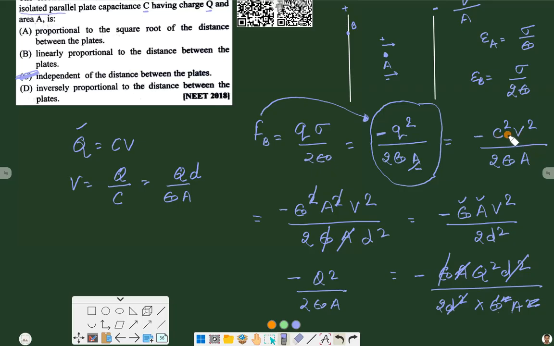These two are variables, and if we put the value of C equal to epsilon naught A by D, again we get V and D. Here both are variables, so we cannot conclude anything from these two equations. We either have one variable in the equation, or no variable, and in this equation there is no variation of force if Q is constant and area is constant. It is mentioned that the capacitor is isolated, so charge is constant, so the force is independent of the distance between the plates.